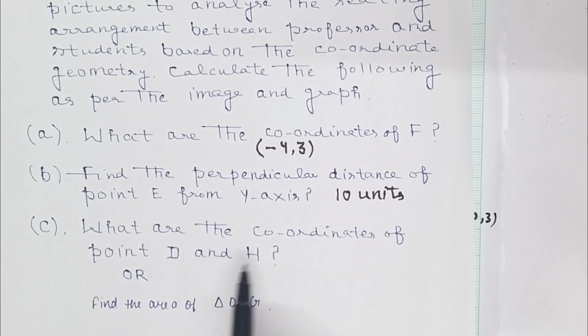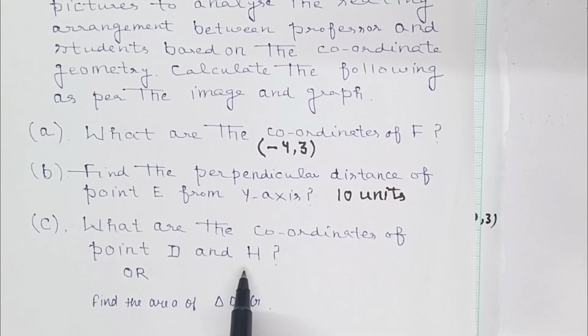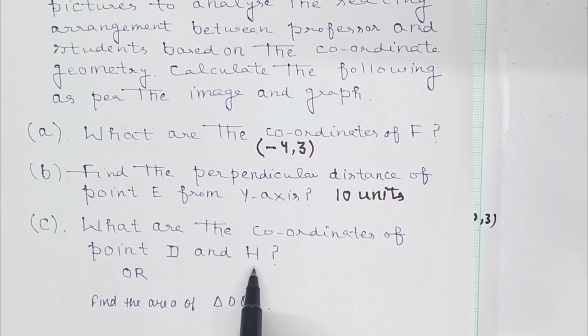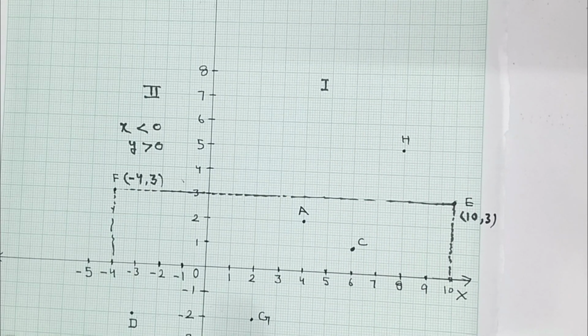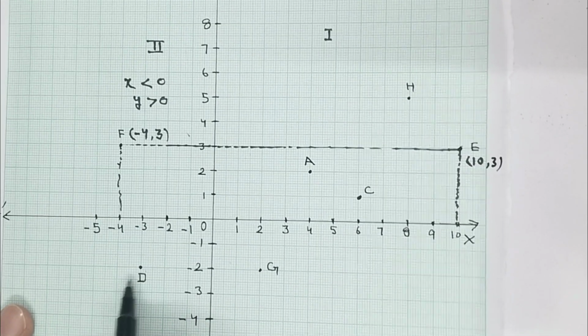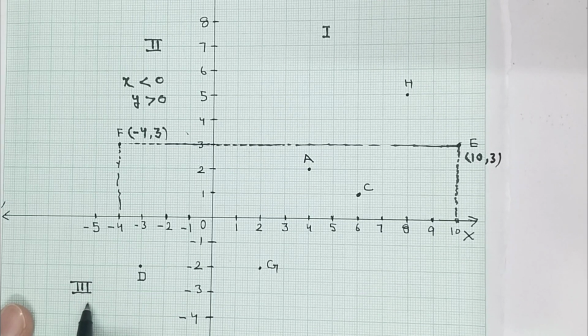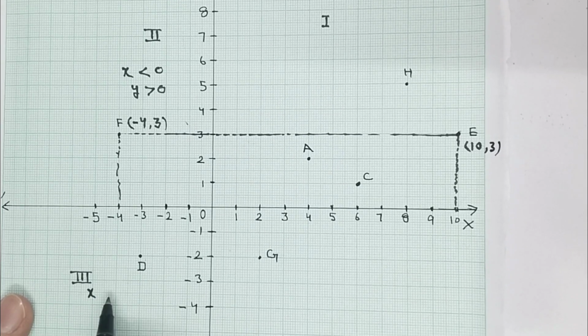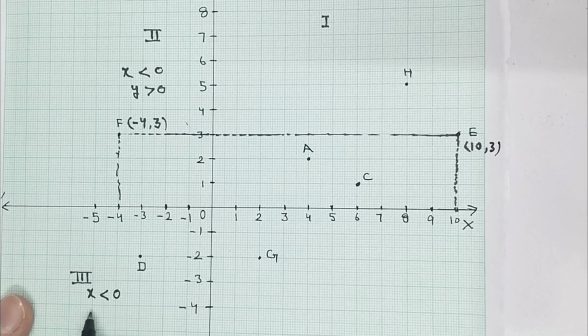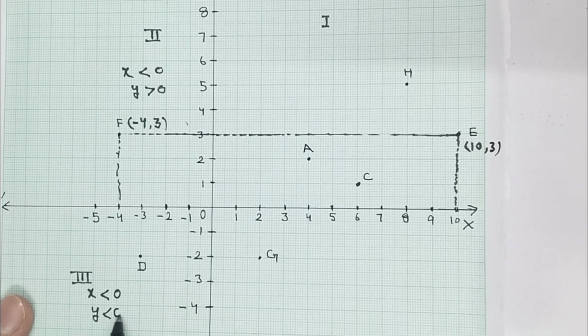Next question. What are the coordinates of point D or H, D and H? So you can see here, this is the D point, and D point lies in the third quadrant. In the third quadrant, x is negative, less than 0, and y is also less than 0.